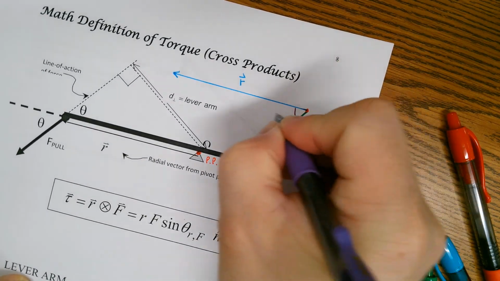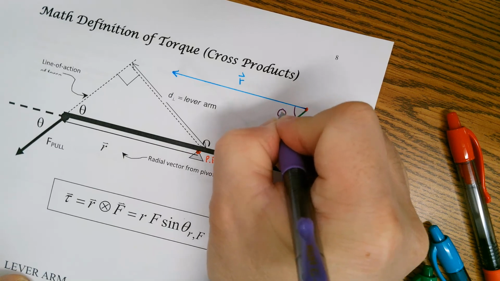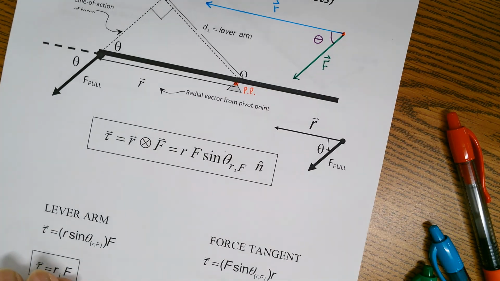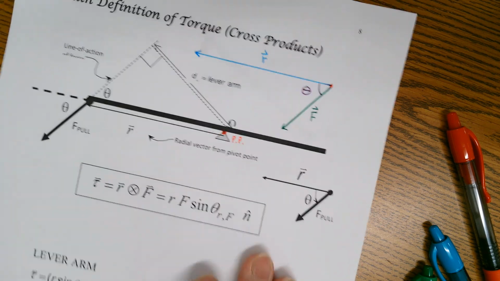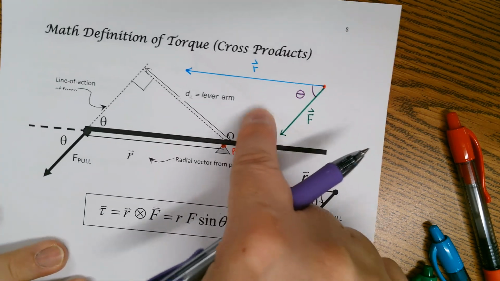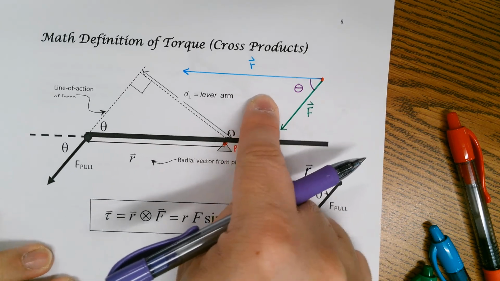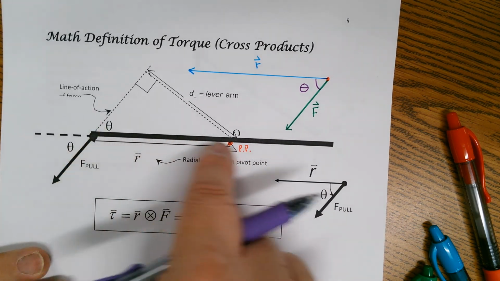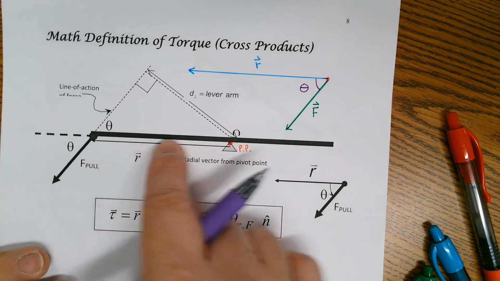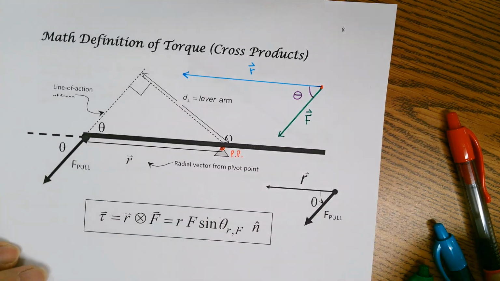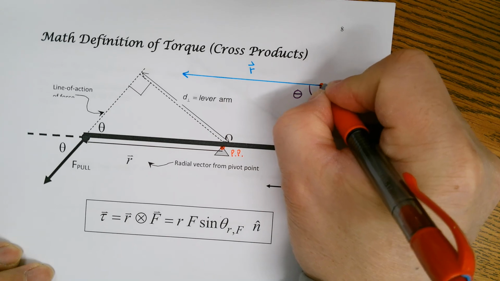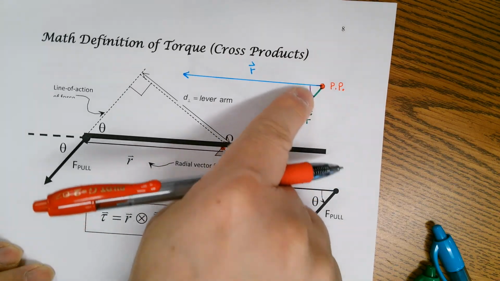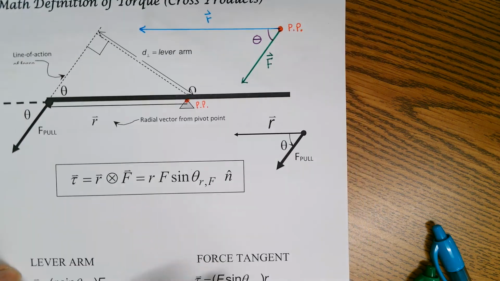So visualizing this is the most important thing when you do cross product. Always redraw this R and F setup from a common pivot point so that you'll see this angle, okay?